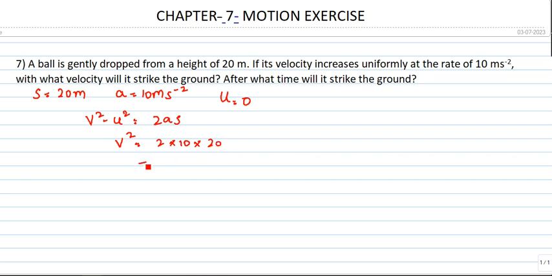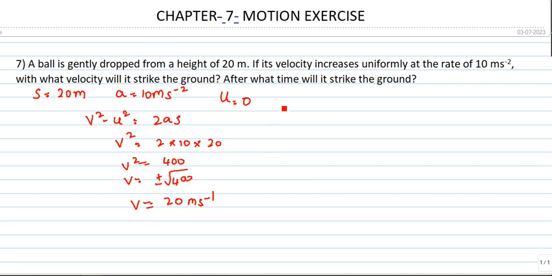So what do we have? 400. v square is equal to 400. v is equal to plus or minus root of 400, which is 20 meter per second. The final velocity is 20 meter per second.